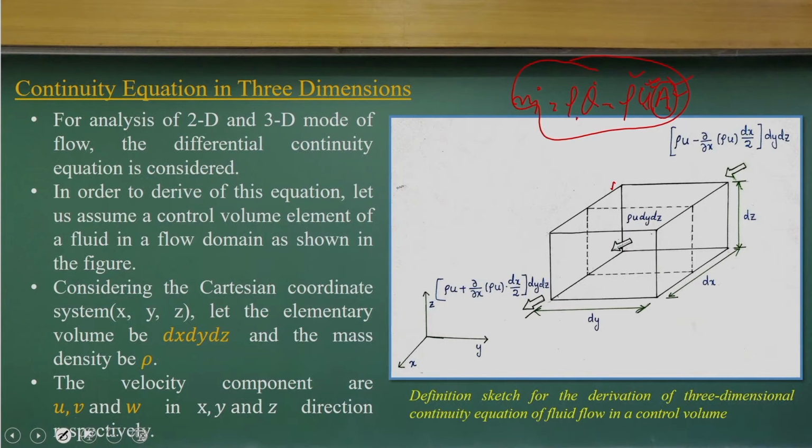See, this is the control volume which has the dimensions dx, dy and dz. It is a small control volume, and we are considering u as a continuous function, with velocity vectors having scalar components small u, small v and w in the directions of i, j and k, that is x, y and z directions.